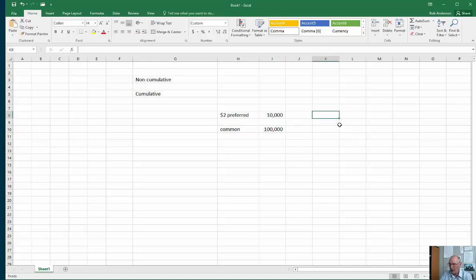Now we'll do the math. We're going to go 10,000 shares, and we're going to multiply that by $2, and we get $20,000. Okay, so your yearly dividend for your preferred shares is $20,000. And again, there's nothing specified for common. Okay, so let's say that we're just in a standard everyday fiscal year.